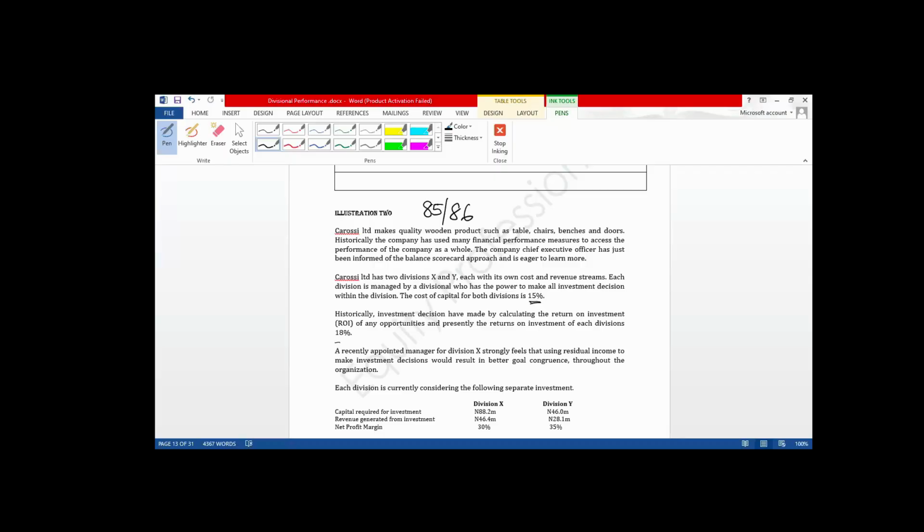Historically, investment decisions have been made by calculating return on investment of any opportunities. And presently, the return on investment of each division is 18%.